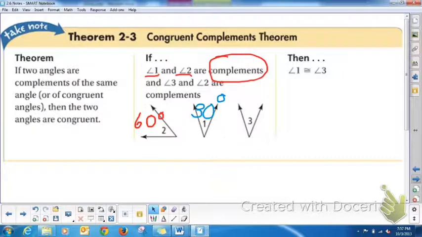And if angle 3 and angle 2 are complements, if angle 2 is 60 degrees, then 90 minus 60 is 30. Angle 3 is also 30. Therefore, angle 1 is congruent to angle 3. And again, we're going to write a proof of this on Monday in class.